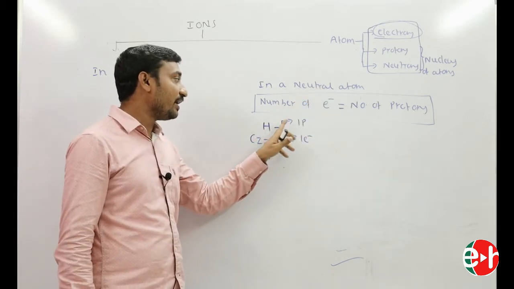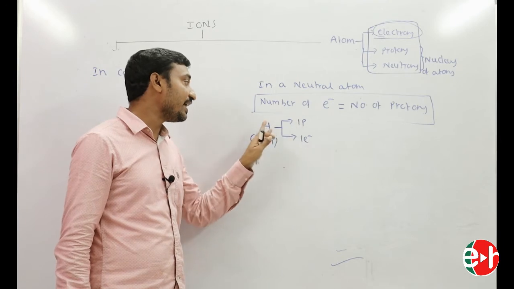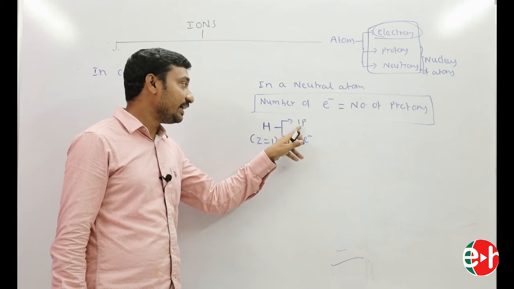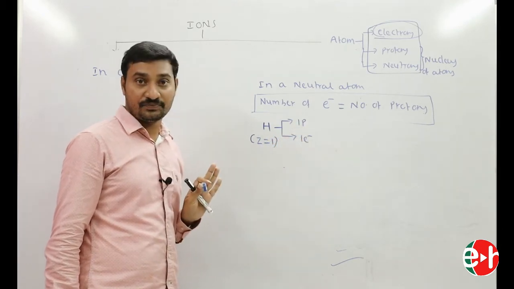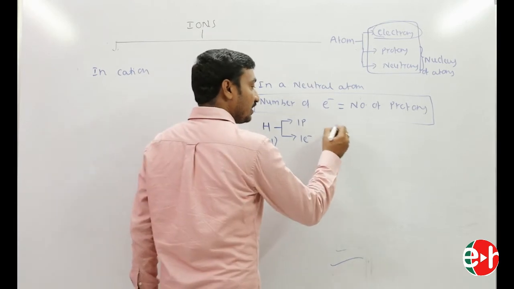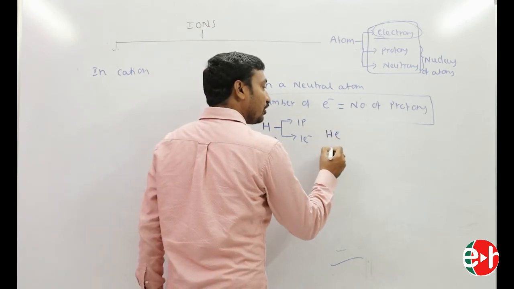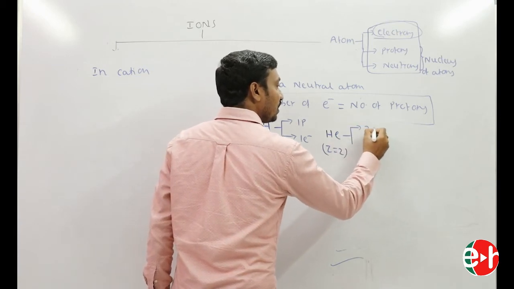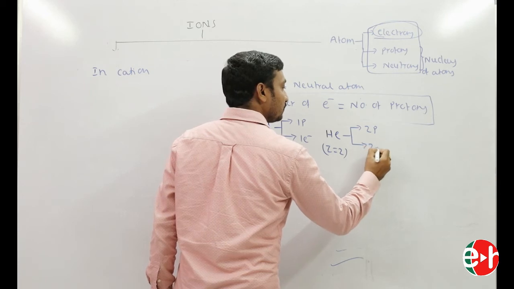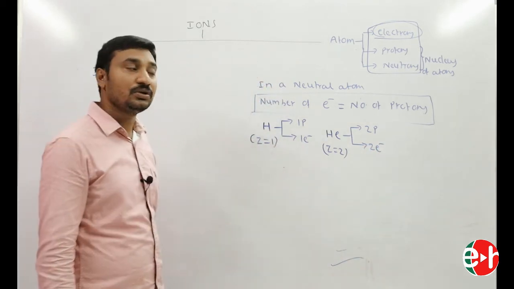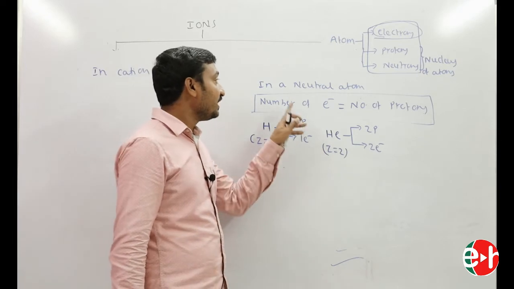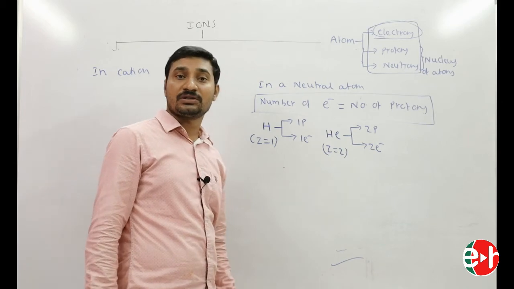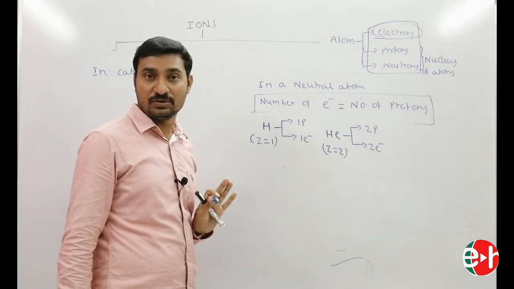Hydrogen contains one proton because its atomic number is 1, and it is a neutral atom, so it has one proton and one electron. Similarly, helium has atomic number 2, so it has 2 protons and 2 electrons, because in a neutral atom the number of electrons equals the number of protons. In a neutral atom, there is no charge.